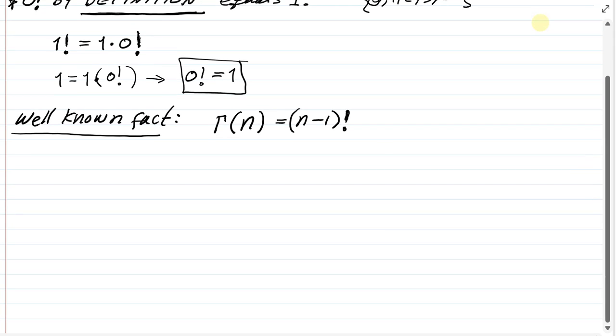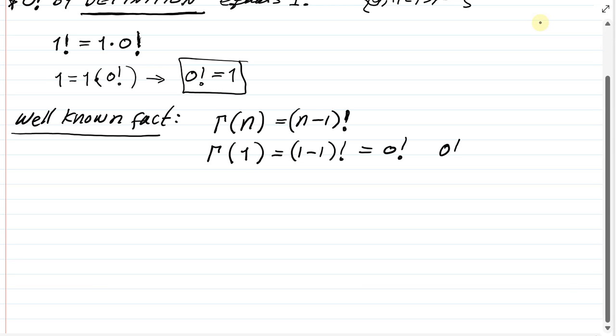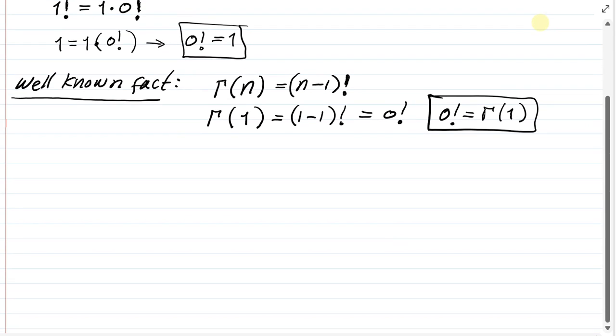Now, therefore, for example, when n is 1, gamma of 1 is going to be 1 minus 1 factorial, and that is 0 factorial. Aha. Therefore, 0 factorial is equal to gamma of 1. Now, this is not by definition. This is actually based on this well-known fact that you can prove, and I'm going to show you a proof for that and put it in the comments.